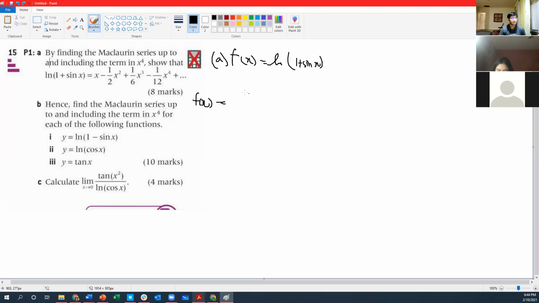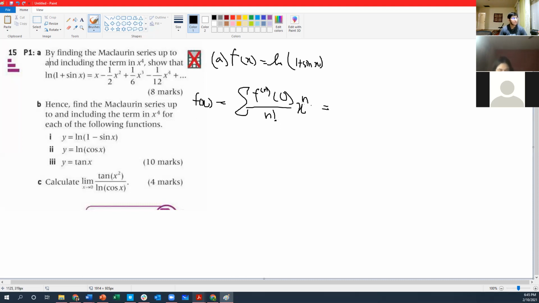The sum of the nth derivative at 0, times x to the n over n factorial. Perfect. Good. Okay. So this is the sum we're calculating.